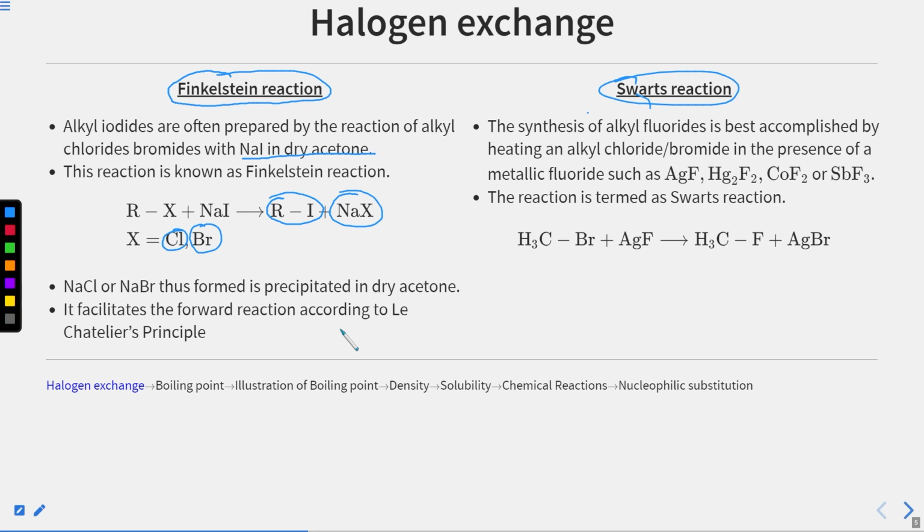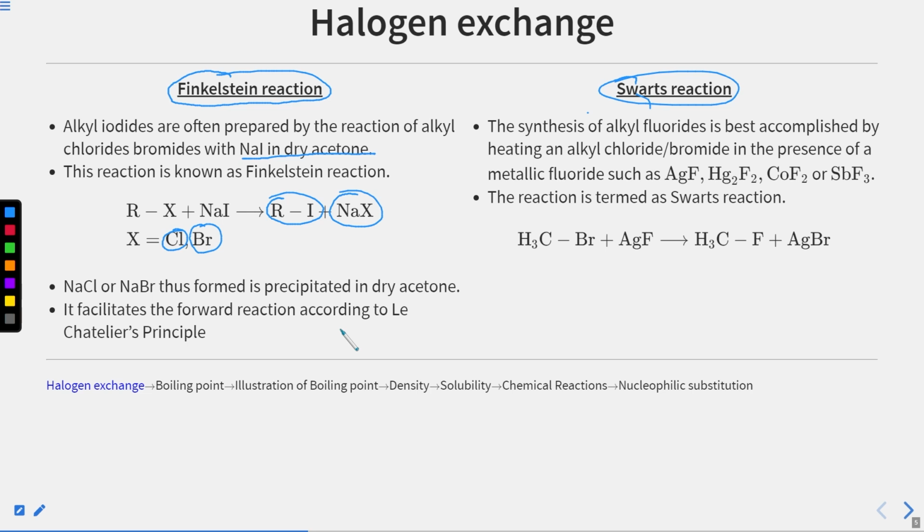Due to this, a change has been made to the equilibrium. Now if you invoke Le Chatelier's principle, it says that if you apply some external change to an equilibrium, then the reaction will proceed in such a way that the effect of the change is minimized.